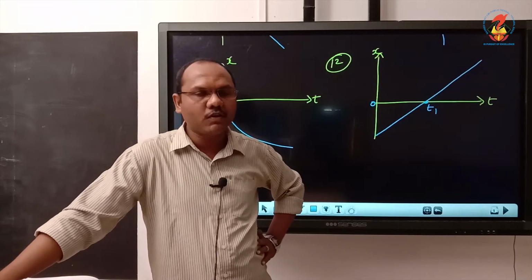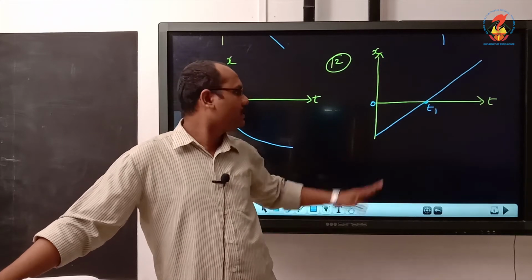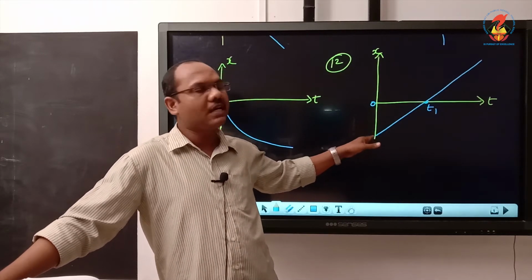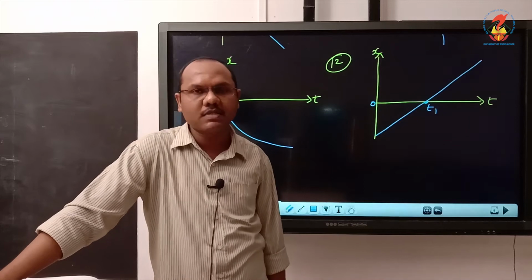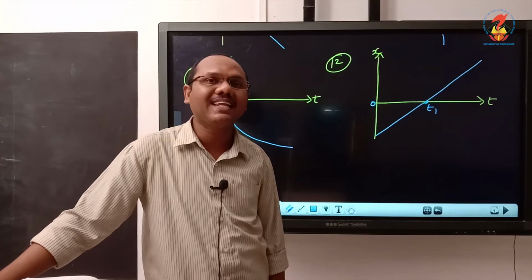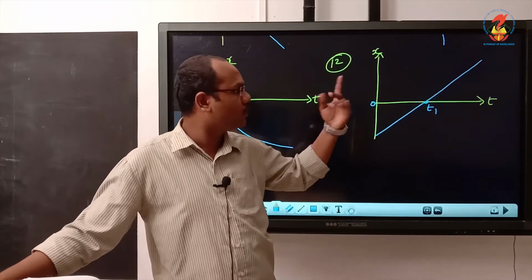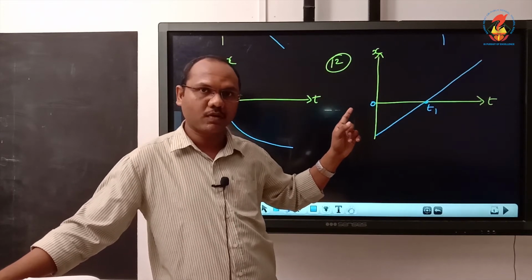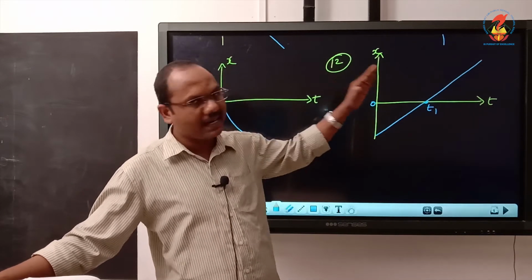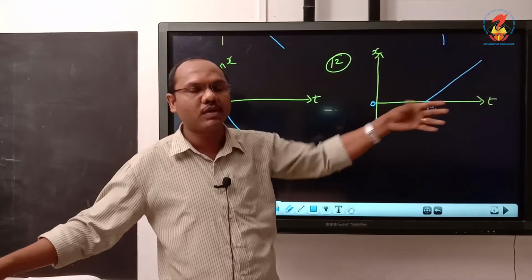The body is moving with uniform speed, right? But from time 0 to t1, the body is in the negative direction and it is moving towards the origin. Body is moving in the negative direction and it is coming towards the origin.